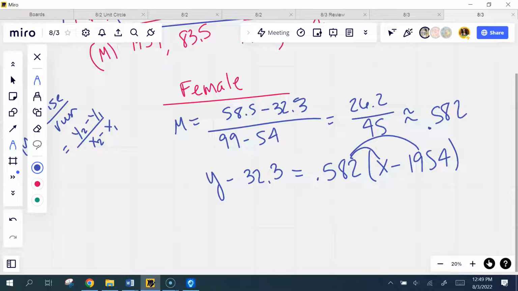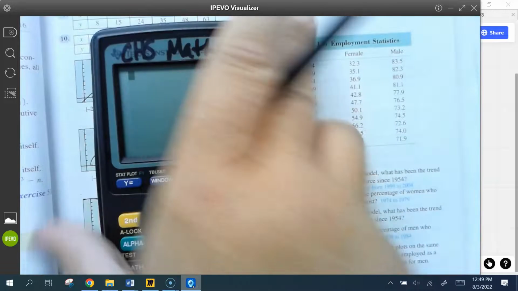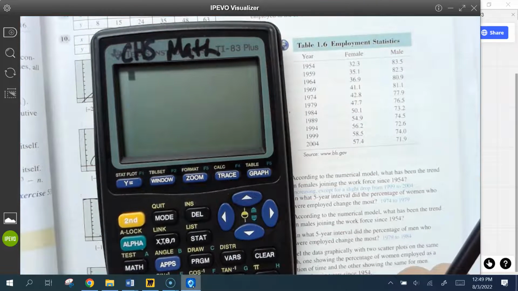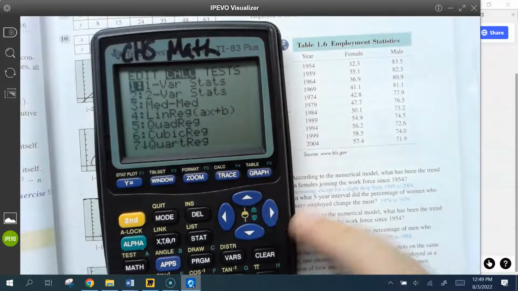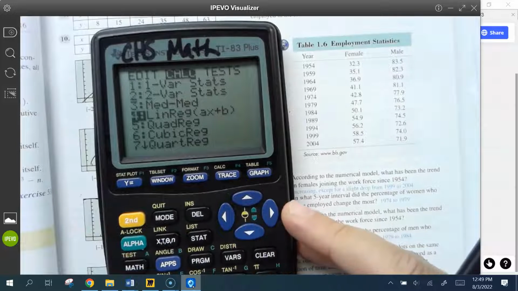So tell them what you did, Aiden, because that might be easier for everybody. This is by hand, so this is Carter's way because he wanted to do everything by hand. If you have already put all this into your calculator, right? You've already loaded all that data, list 1, list 2, list 3. Go stat calculate number 4, right?